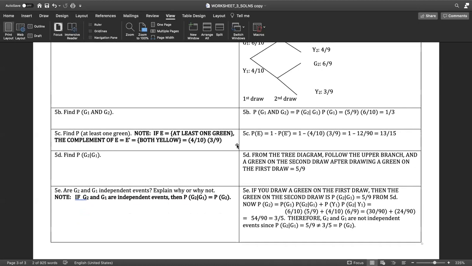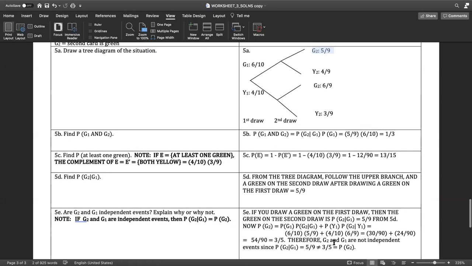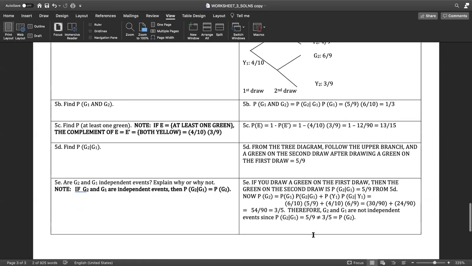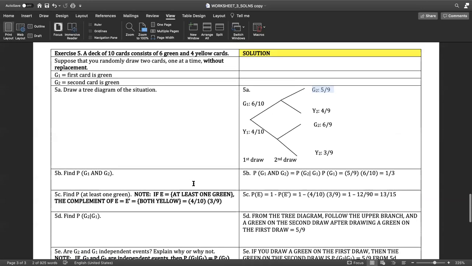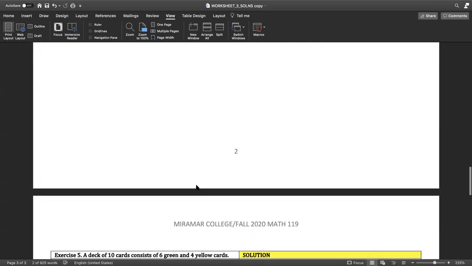And the probability of G2 given G1 is 5/9, and that's not equal to 6/10 or 3/5. All right, so that's worksheet 3. It's a good overview.